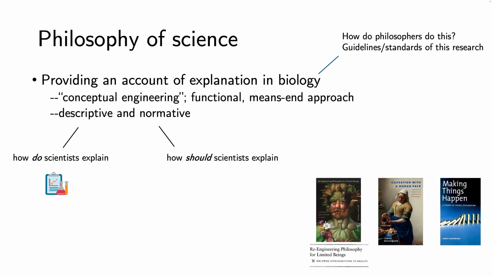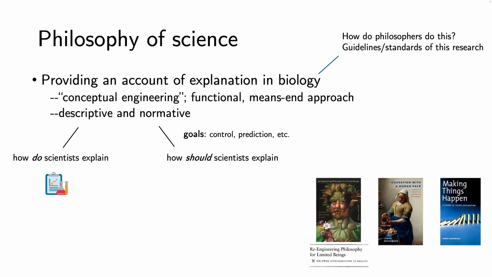The way that philosophers here meet this normative standard and say how scientists should engage in these projects is they specify the goals that scientists have. And then once you lay out the goals that scientists have, you can say what types of concepts better serve those goals.